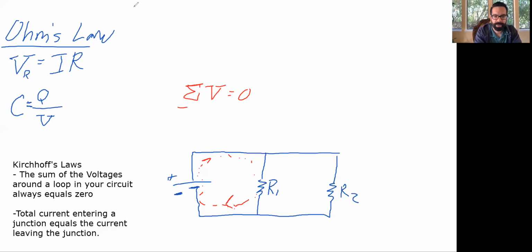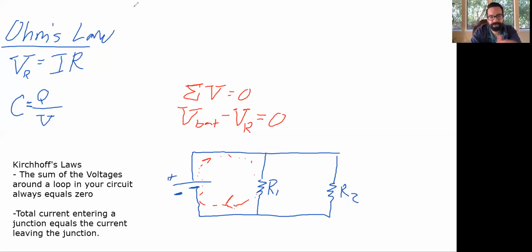We have the voltage of the battery, as you go on the left side of that path, that's the voltage of the battery. As you go around that circuit, going clockwise, and then through the resistor, that voltage is going to cause a voltage drop. So that's going to be a minus VR, and that's going to equal 0.